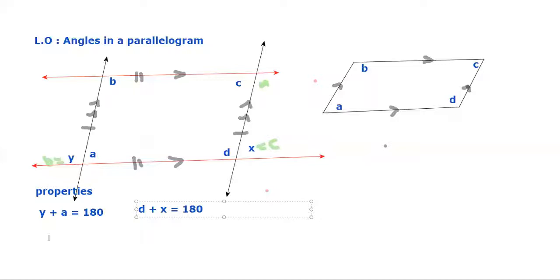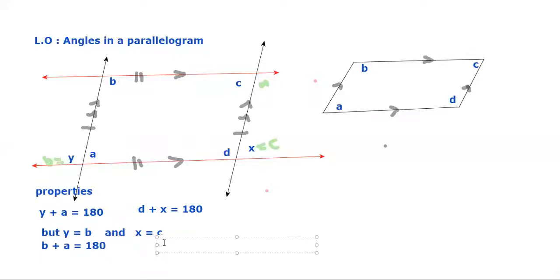If I know that Y plus A is 180, then I can easily see that B plus A is 180, because remember that B is equal to Y. Also X is equal to C. So this leads me to say B plus A equals 180, and nobody will object to that.